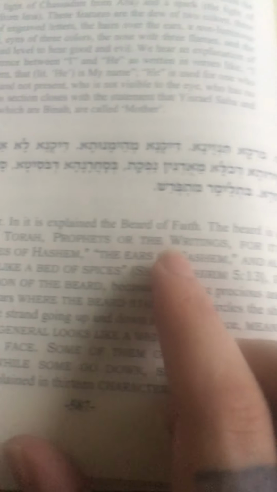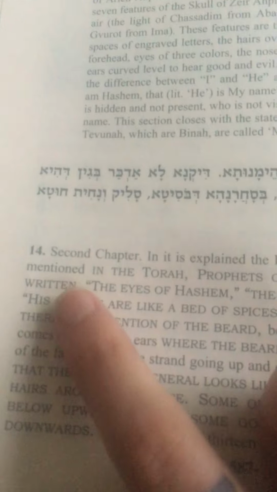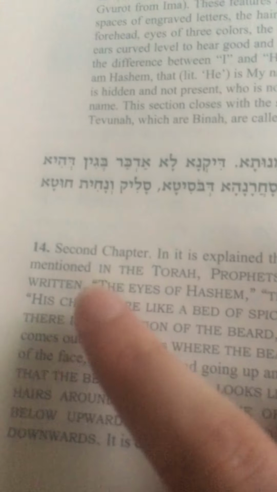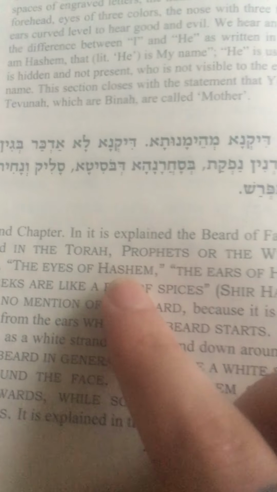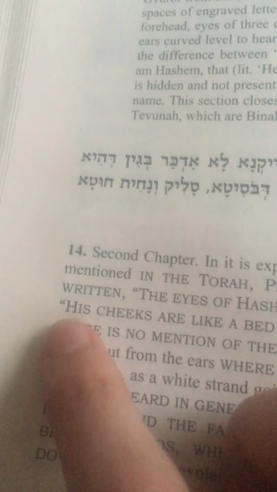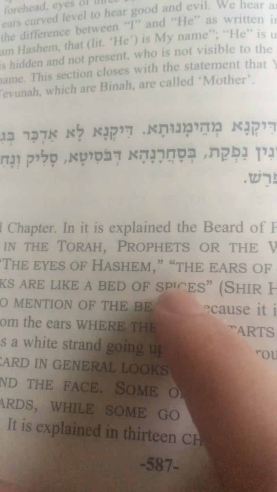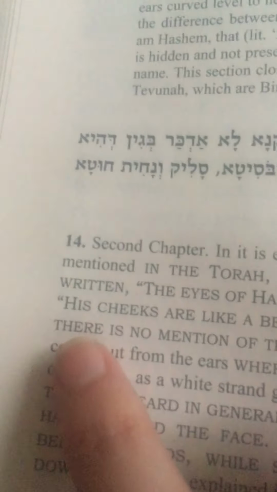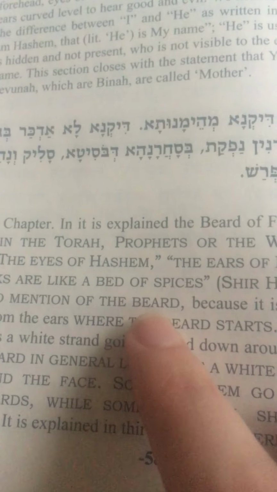The beard is not mentioned in the Torah, prophets, or the writings, for it is written the eyes of Hashem, the ears of Hashem, and also his cheeks are like a bed of spices. Shir Hashirim 5:13. But there is no mention of the beard.